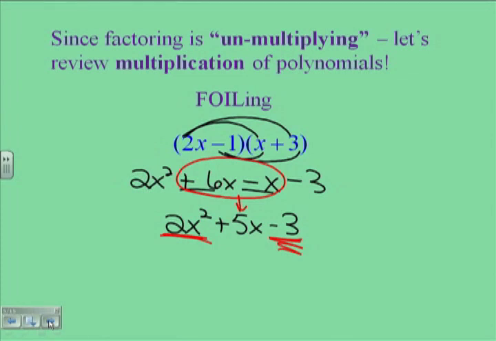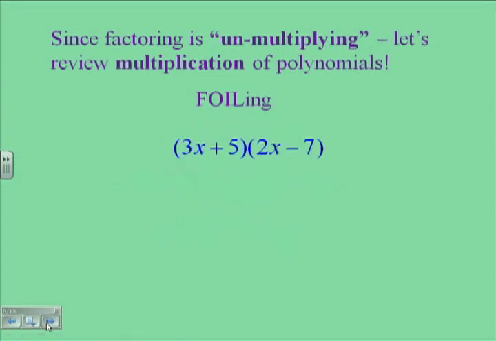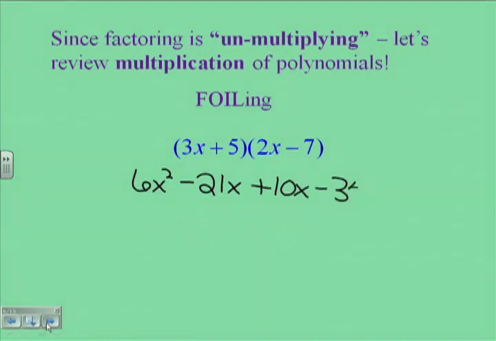Okay? Well, I'm not done with you yet. 6x squared minus 21x plus 10x and a minus 35. First, outers, inners, last. And combining, we get a pretty big result here.